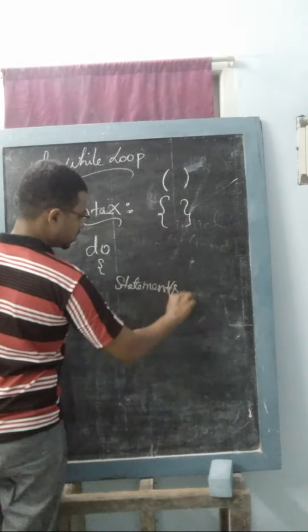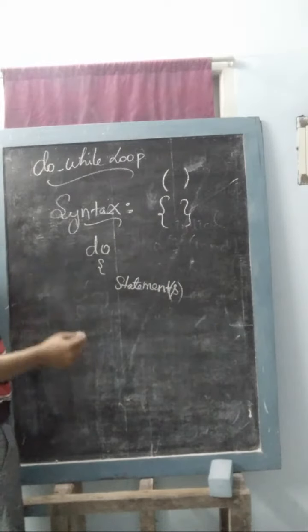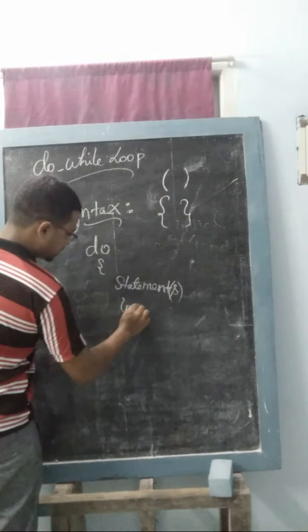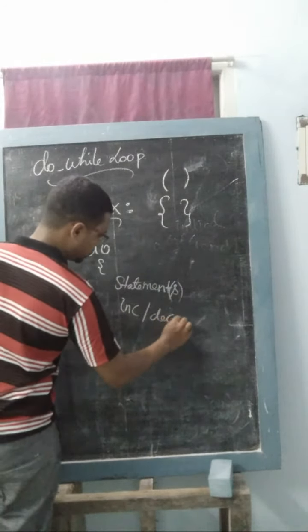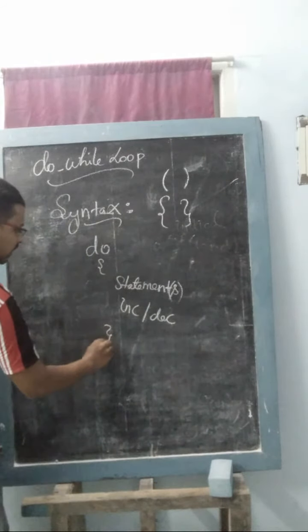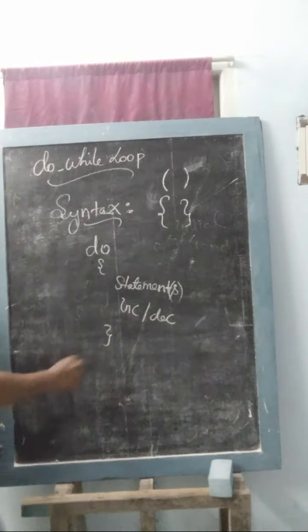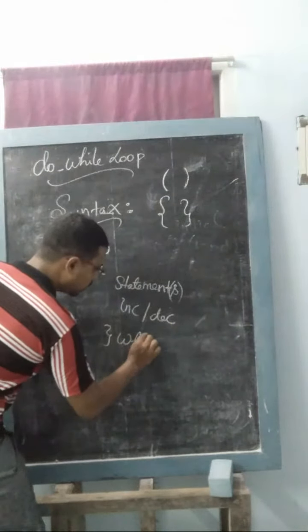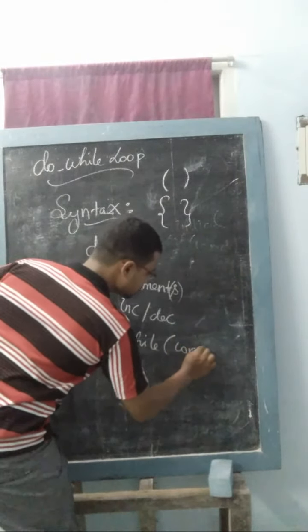Statements, a single statement or a number of statements. And then the updation, that is increment or decrement, will come here. And then finally we have to close. After the closing only, we have to write the while condition.